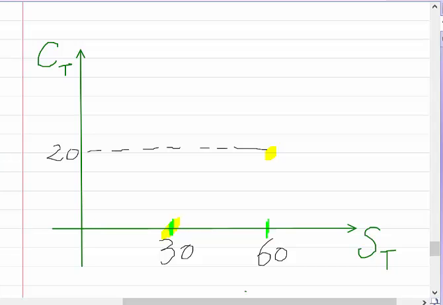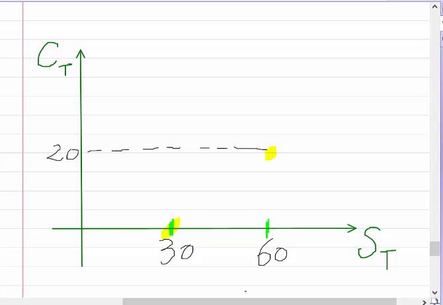Now, this is the basic picture. I'm going to do some drawing, and you will see some lines, and you may start to think about different underlying prices, different call payoffs, but those are illusion. We just have 2 points of expiration price for the underlying, 30 and 60.